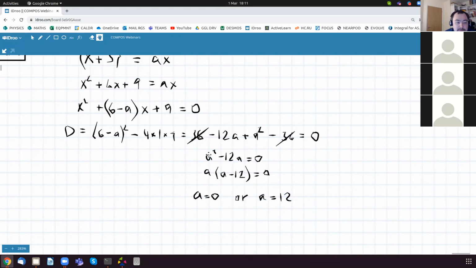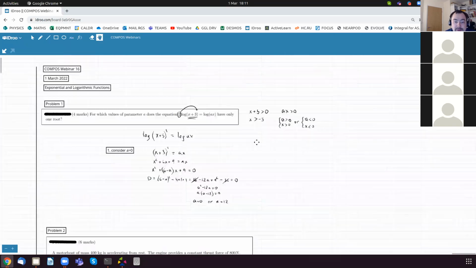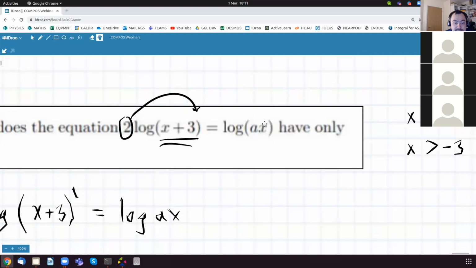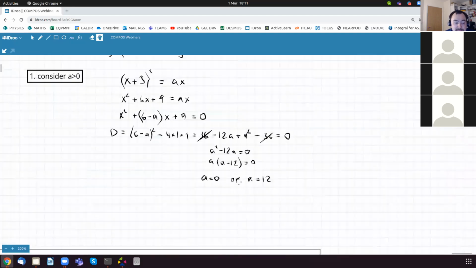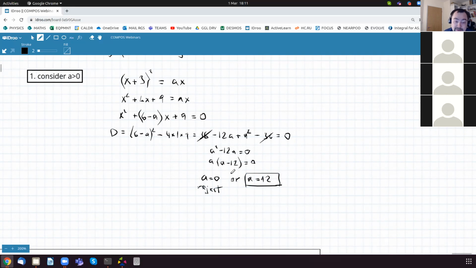But then there's a problem. A cannot be 0, because we saw that if a is 0, we take logarithm of 0, and this is not possible. So we need to reject this one. And a equals 12 is a solution. I'll show you later that in fact it is a solution.